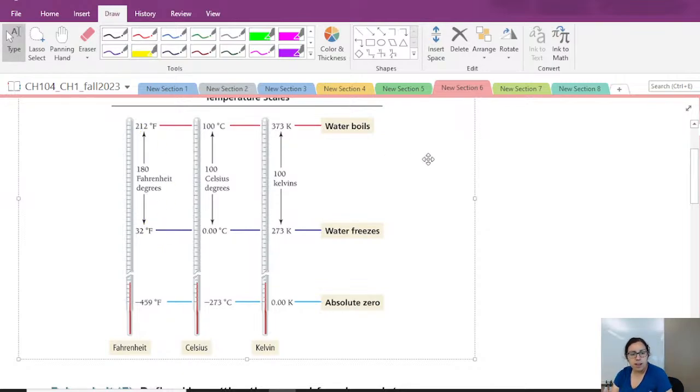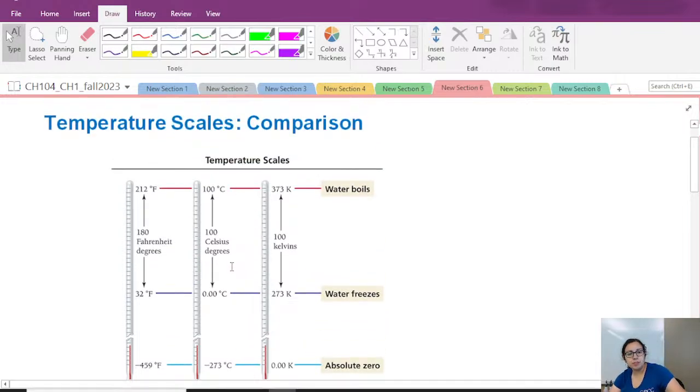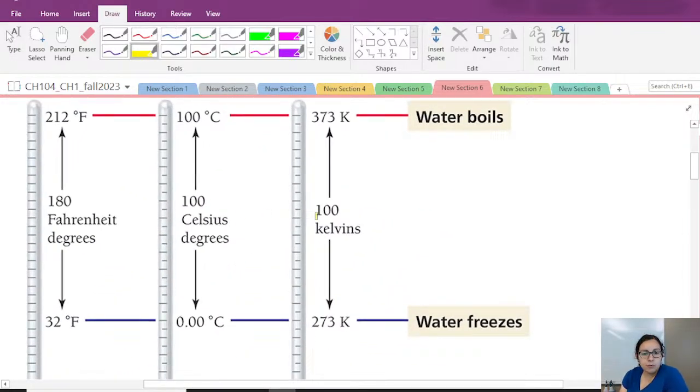Now if we look at Celsius and Kelvin, they're a lot nicer. The key that we notice right away is that the degree difference goes up the same, meaning there's 100 degrees difference between freezing and boiling for Celsius, same thing for Kelvin.